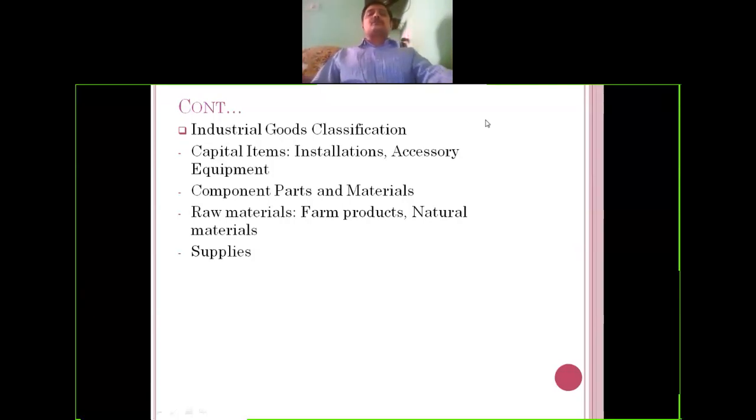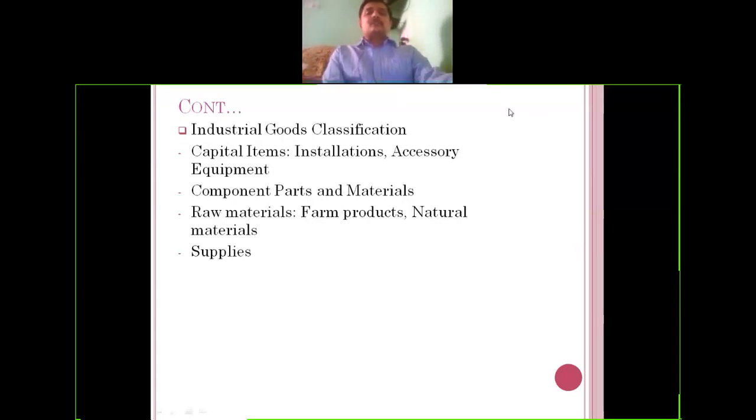So when it comes to this industrial goods classification, 100% sure you can have more profit with capital items, a medium range of profit with component parts and raw materials, and a lower range with supplies. But if you start branding all these things, probably you can set a margin separately in the market and achieve a greater amount of success.